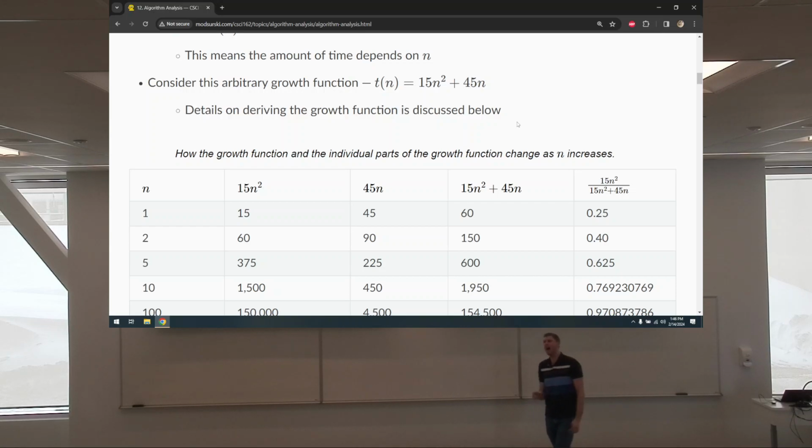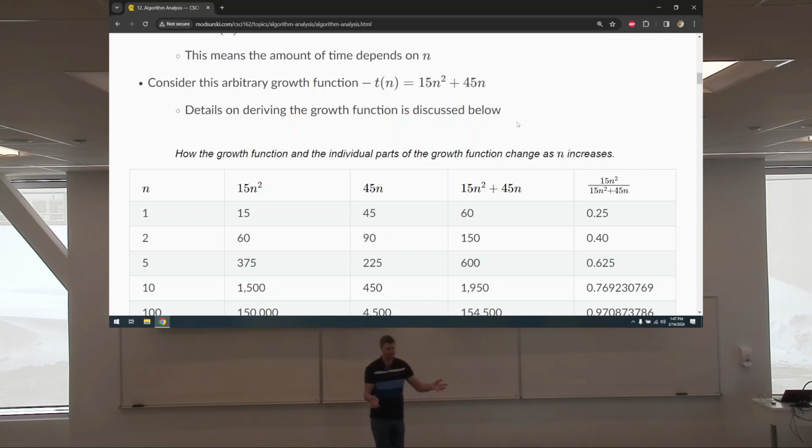But now we're going to play the blame game. Which chunk of this growth function is responsible for the most amount of work? The growth function, the total, is just the total amount of work, but it's like a sum of parts, right? So which part is to blame for the biggest chunk of the total?